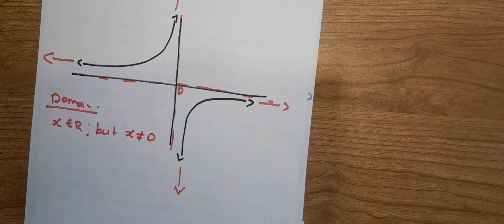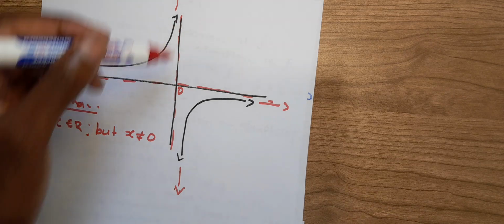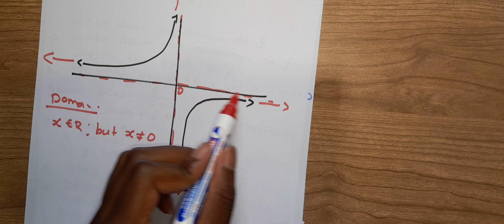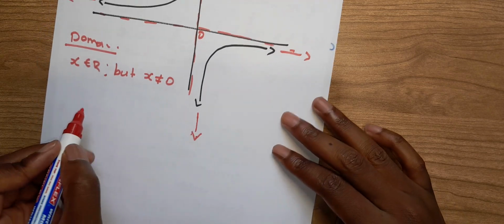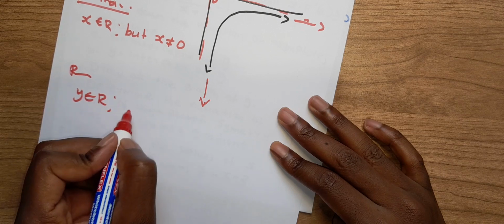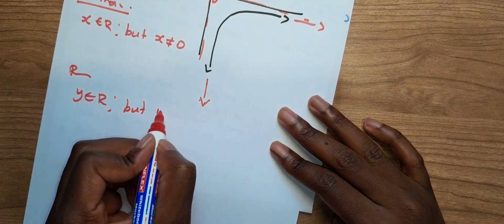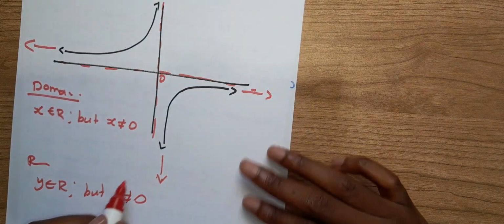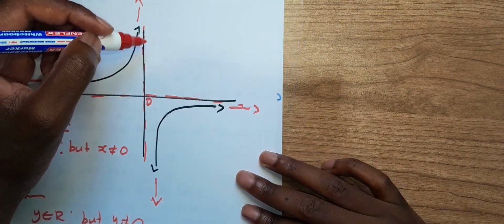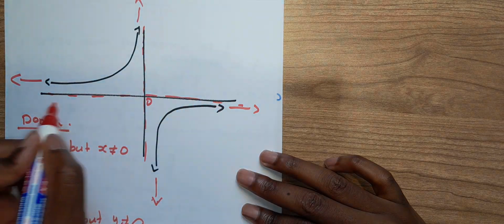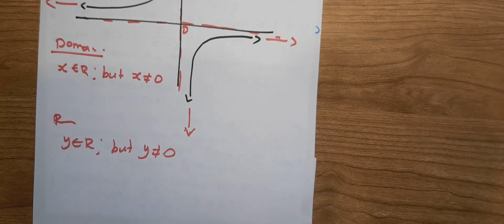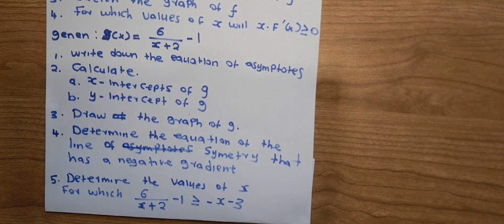The graph is absolutely everywhere in terms of x, but excluding here at 0. Same thing with the range. You say that y is an element of the reals, but not at y equals 0. The graph comes from negative infinity and continues to positive infinity, but it is not touching the 0 line. So that's your domain and your range. Now let's actually come here.